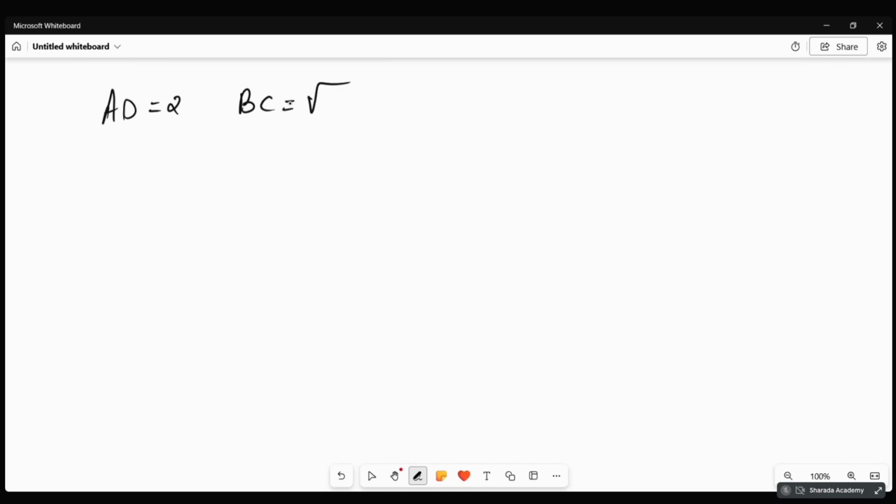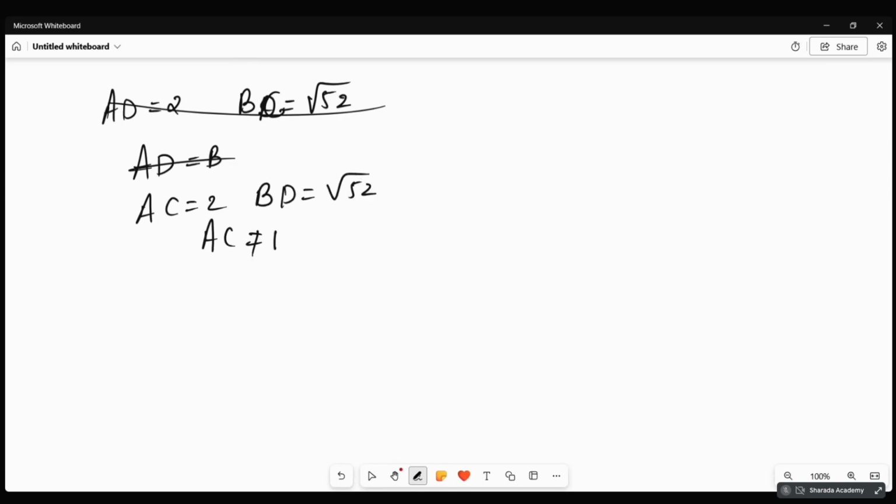So AC is equal to 2, BD is equal to root 52. So AC is not equal to BD here. Therefore, it is a parallelogram.